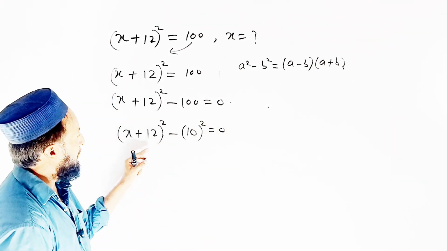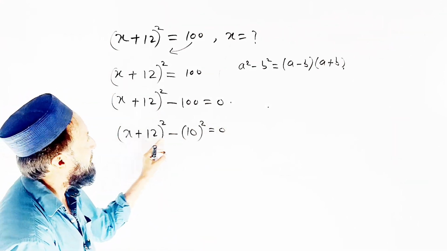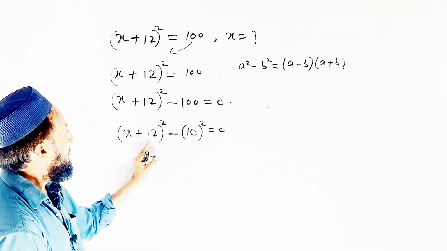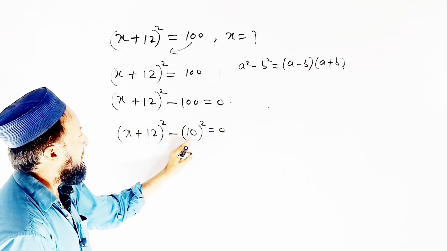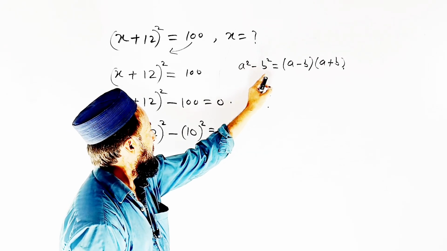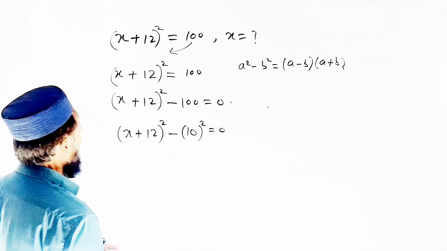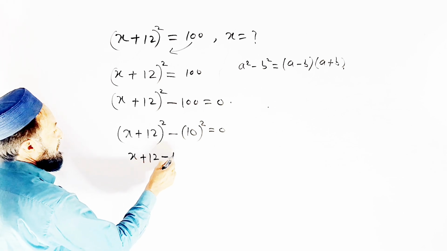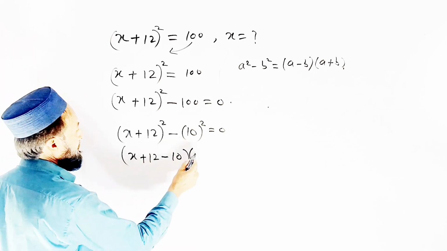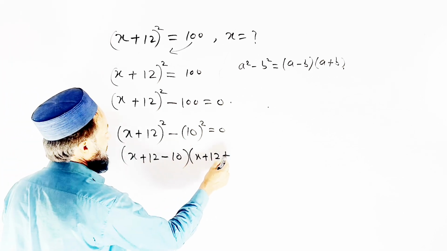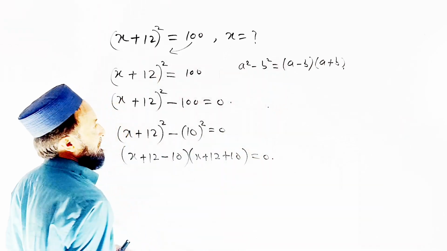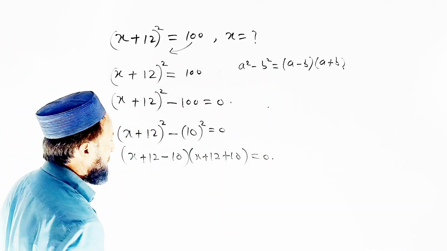Now dear student, we consider x plus 12 is equal to a, so we get a², and here b is 10, that will be b². So according to this algebraic formula, (x + 12 minus 10) into (x + 12 + 10) is equal to 0.